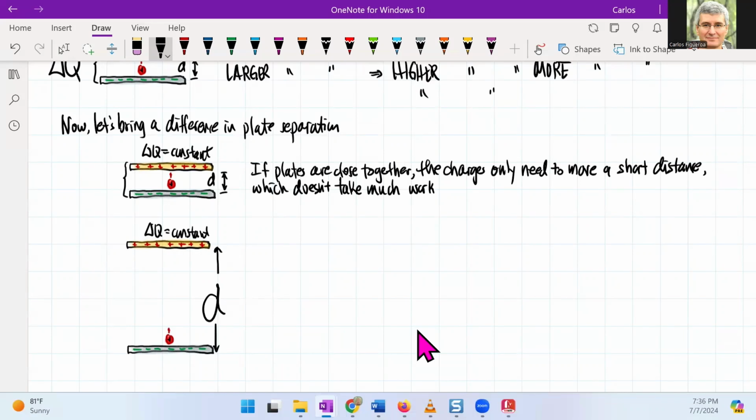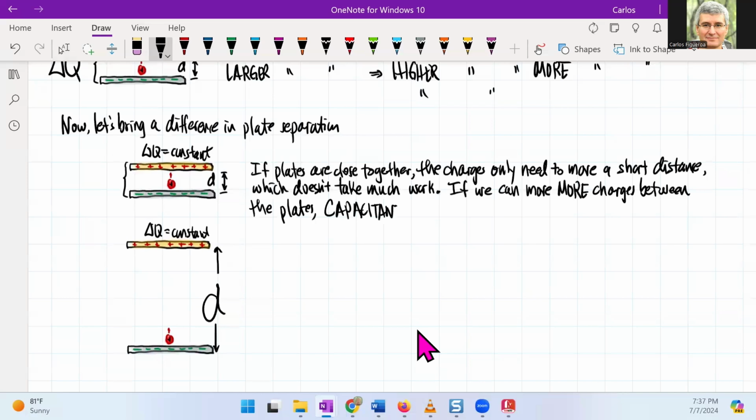So if I now use the capacitance equation, in the language of capacitance, if we can move more charges between the plates, capacitance is higher.